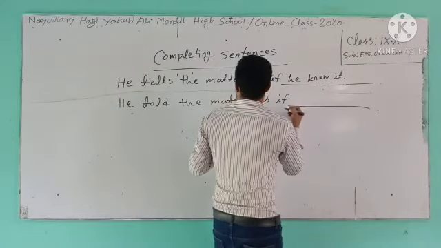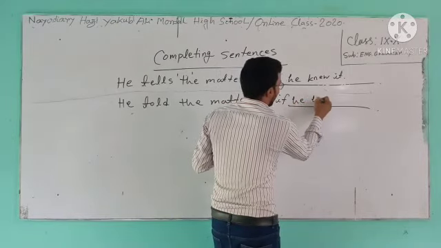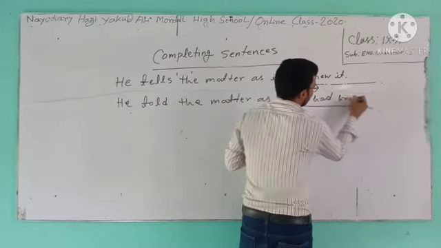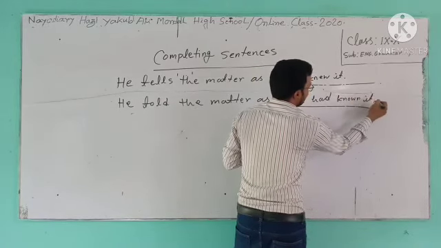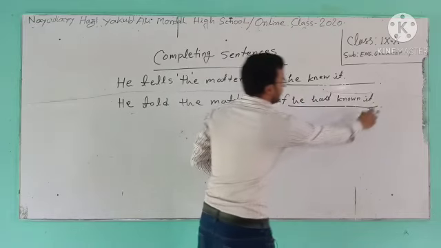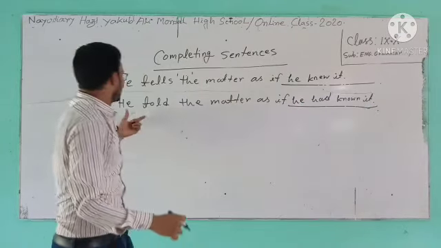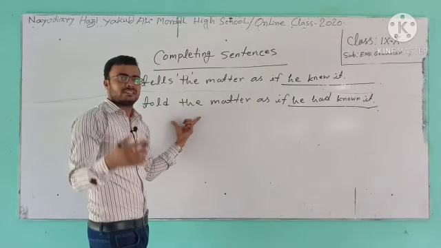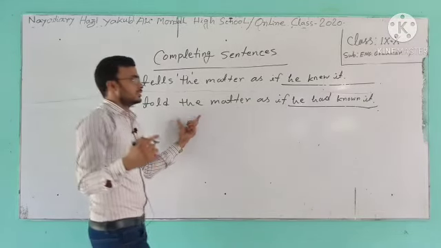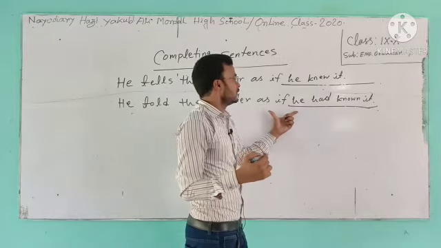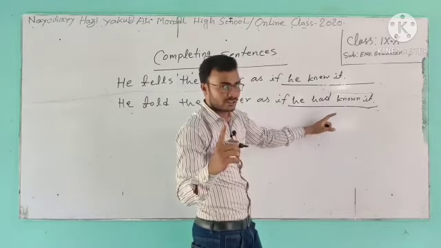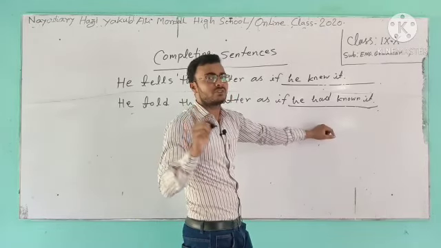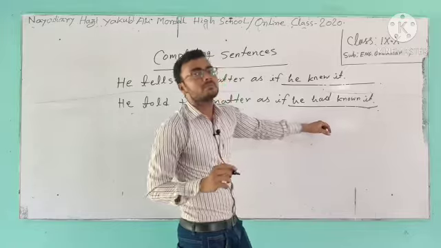So he had known. So, if before "as if" the sentence is in past tense, then after "as if", we must use had and the past participle form of the principal verb.